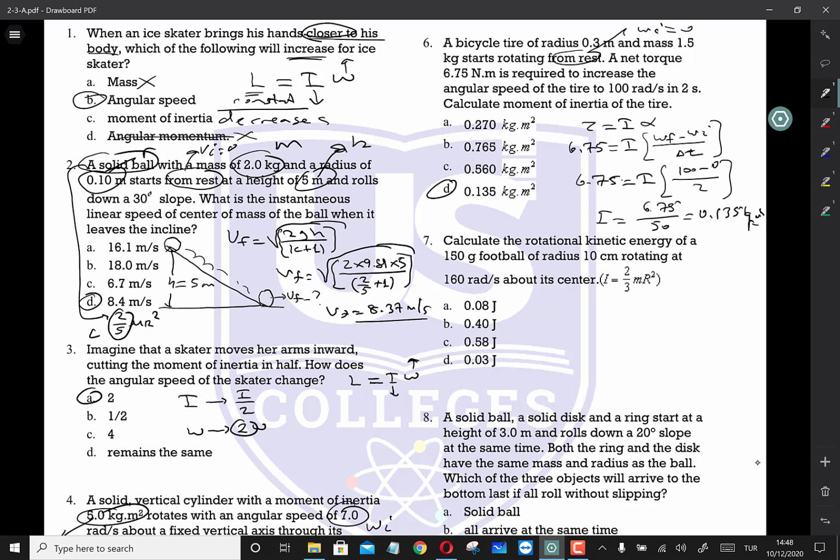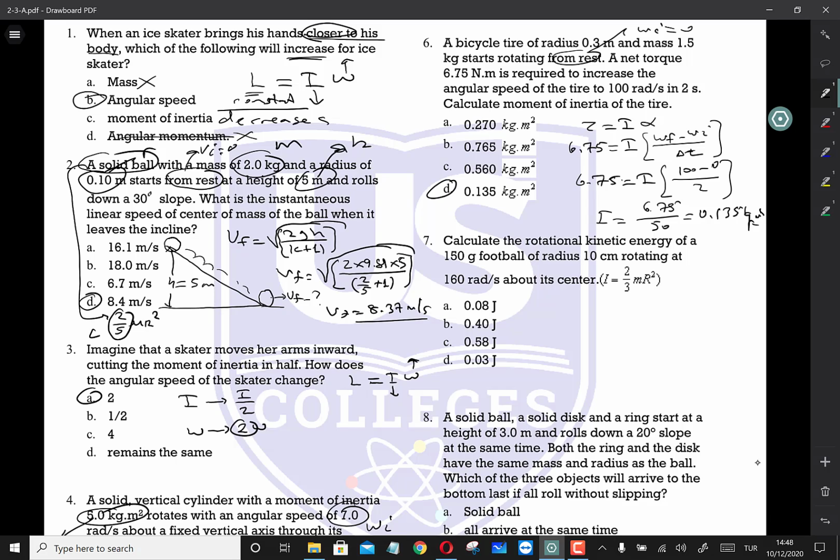Calculate the rotational kinetic energy of a 150 gram football of radius 10 centimeter rotating at 160 radians per second about its center. So we are going to treat this football as a spherical shell about a symmetry diameter. That's why the moment of inertia equation is 2 over 3 mr squared.